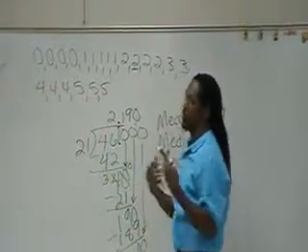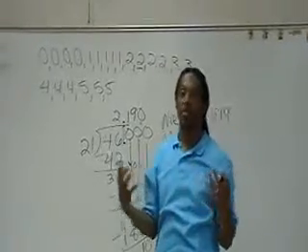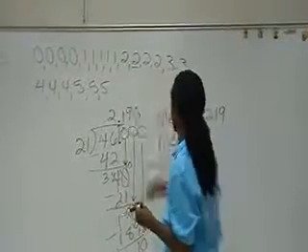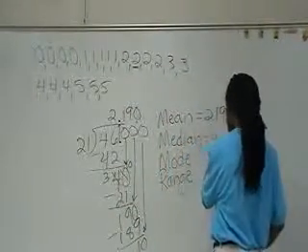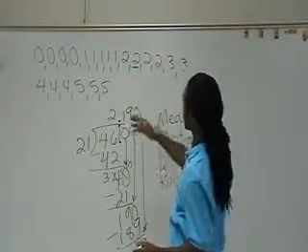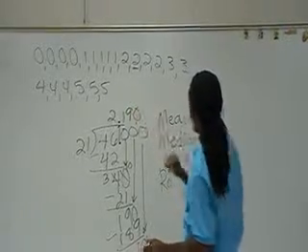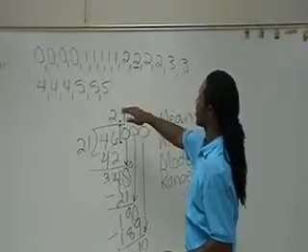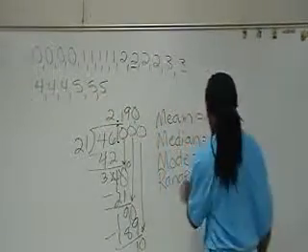But 21, the closest number would be 20, and half of 20 is 10, so that puts us in the middle. Our mode, the number that appears the most, we have 5 ones. And our range, the largest number minus the smallest, is 5.